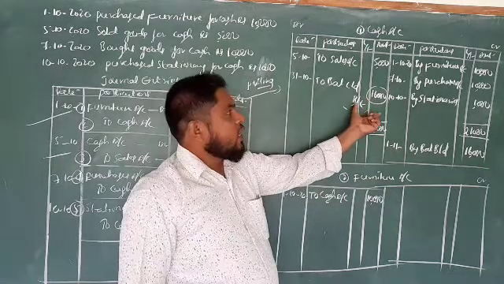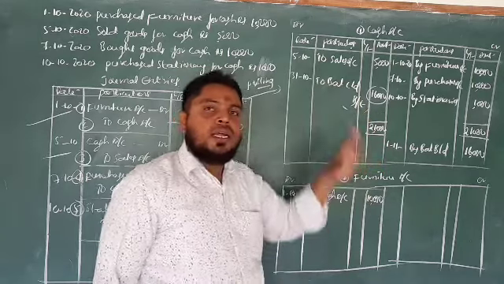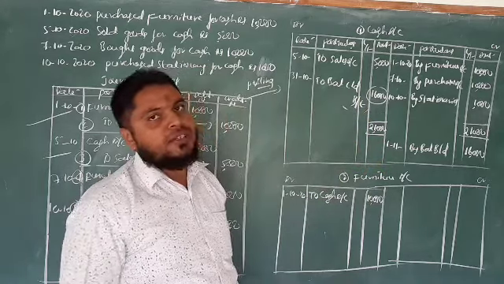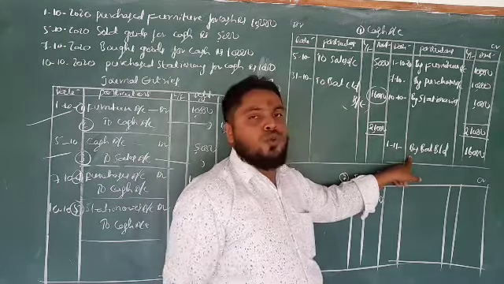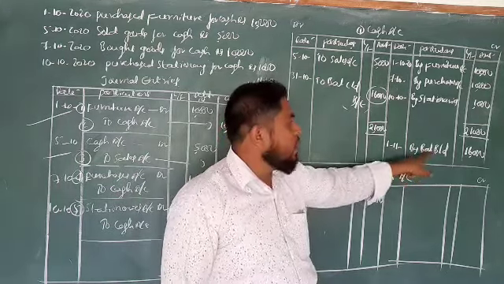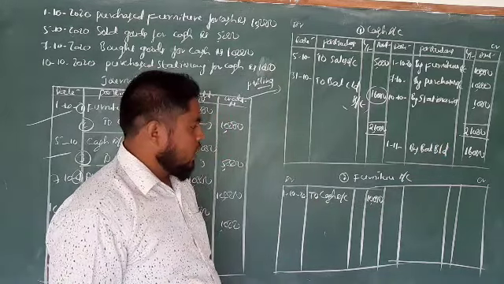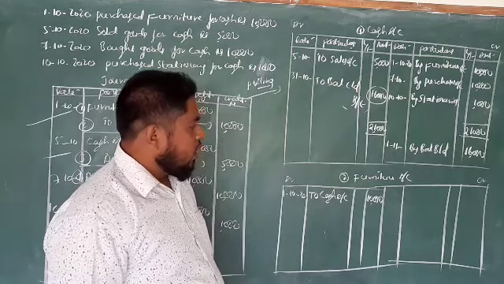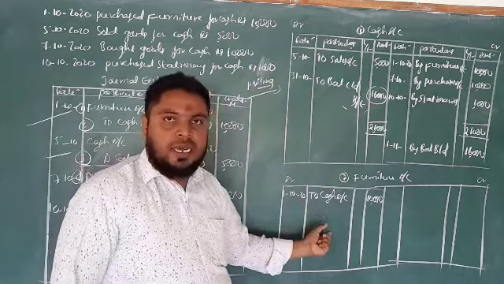So balance carried down: where we get the lesser amount, the difference amount is the balancing figure, balance carried down. This balance will become the opening balance for the next month, balance brought down. Now, furniture account. As per the information, we got only one entry here.